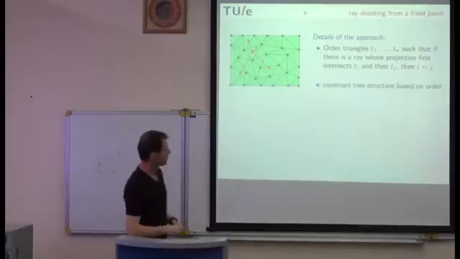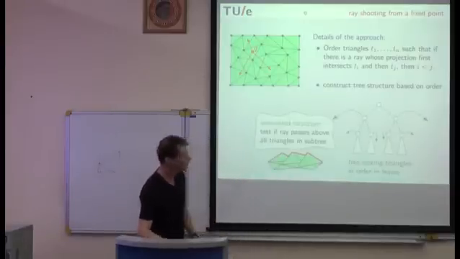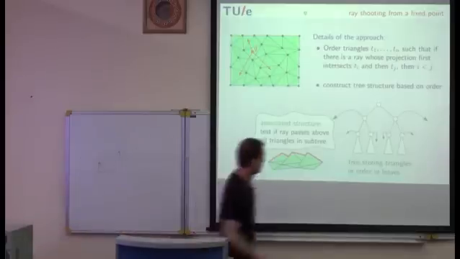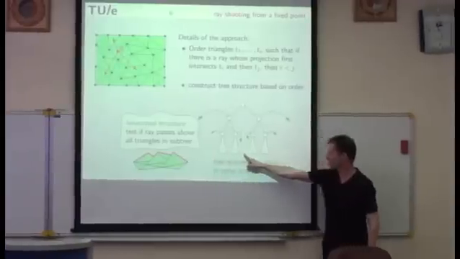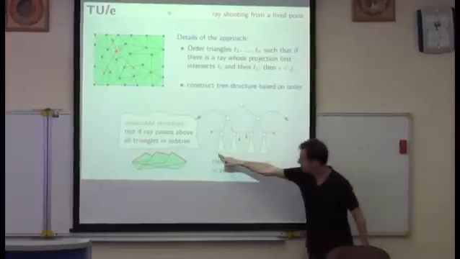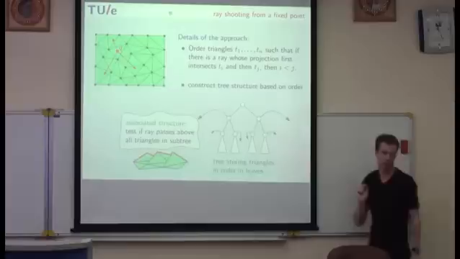And then if I have such an ordering, I'm going to construct a tree based on this ordering. So this is my tree. In the leaves, I have all my triangles, where the ordering from left to right corresponds to this ordering here.